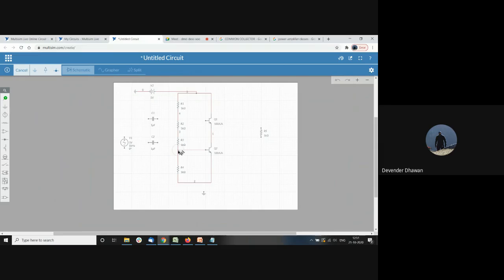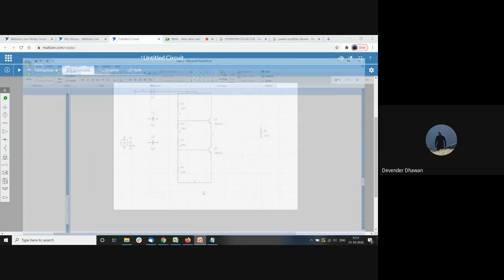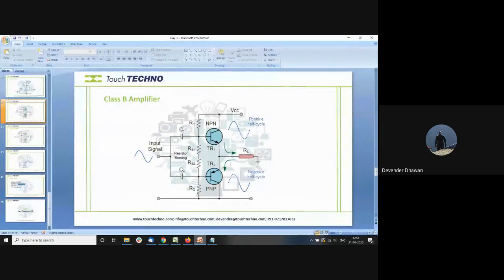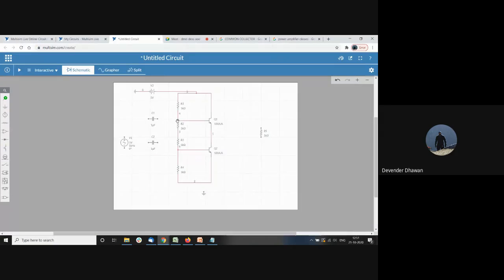This is coming here, this is coming here. This is connected to this, and this one will be connected here. So both are connected.